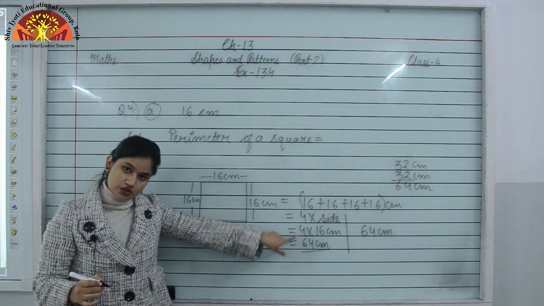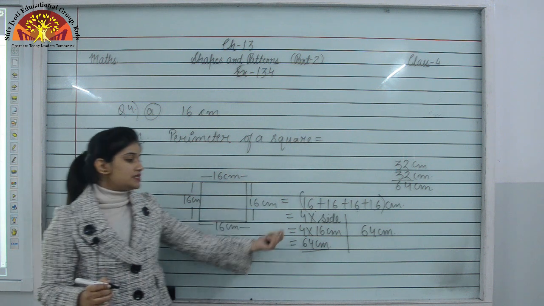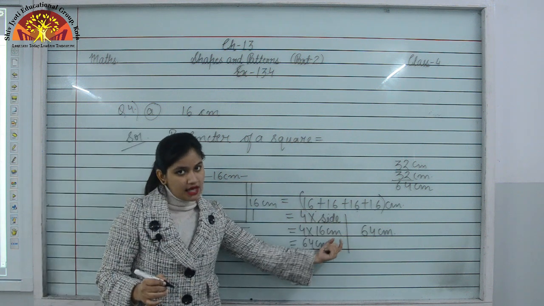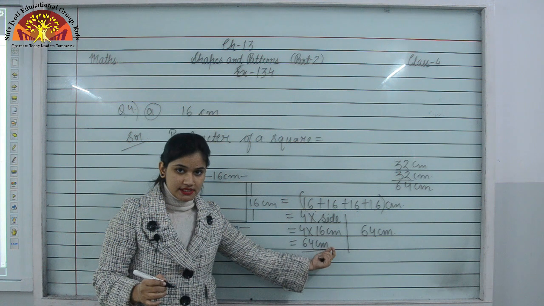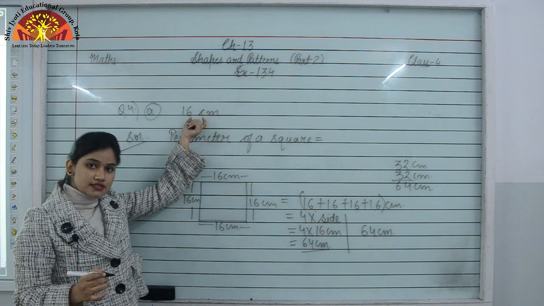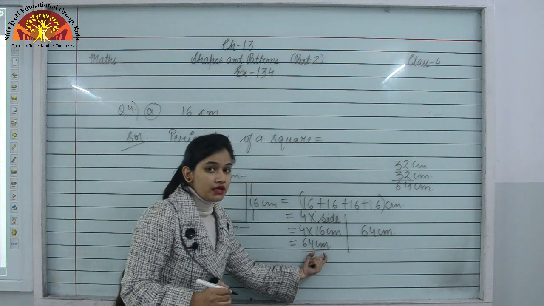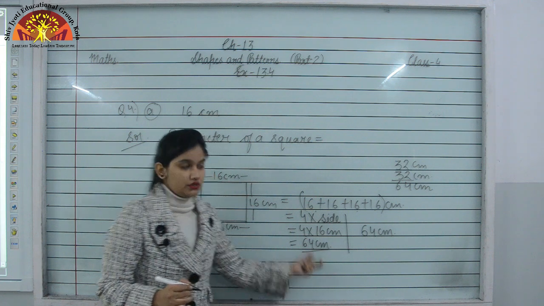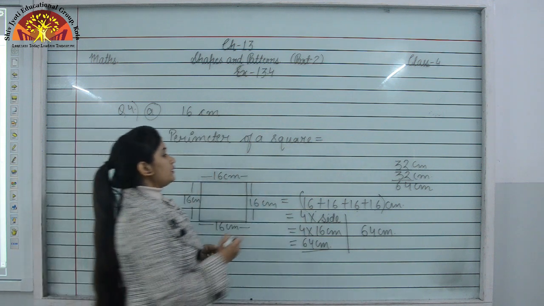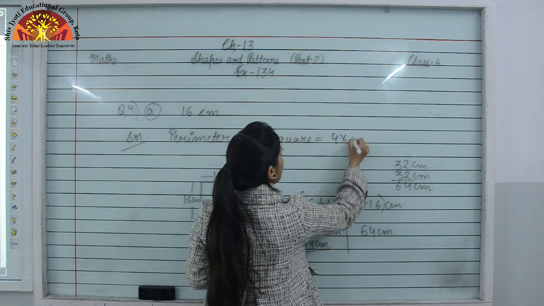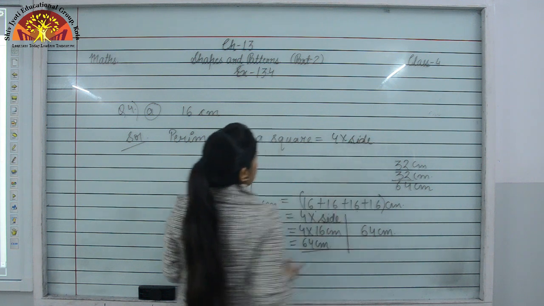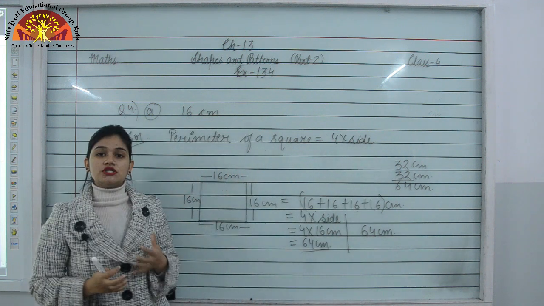It means we can do it like this also. The formula is 4 multiplied by side, which means 4 multiplied by 16 because the side is 16 centimeter, and the perimeter will be 64 centimeter. So this is the formula to find the perimeter of a square: 4 multiplied by side. In this way you can find the perimeter of a square.